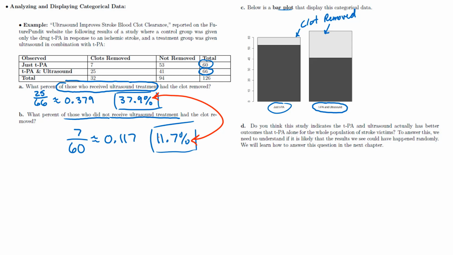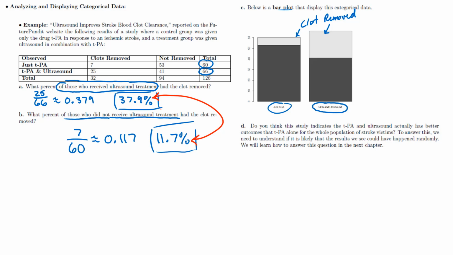So the question becomes, how can we tell if something like this discrepancy in the percent that had their blood clot actually cleared, how can we tell if that is the type of difference that is likely to happen just kind of randomly versus that kind of difference strongly suggesting that including ultrasound would really be beneficial to patients, right?